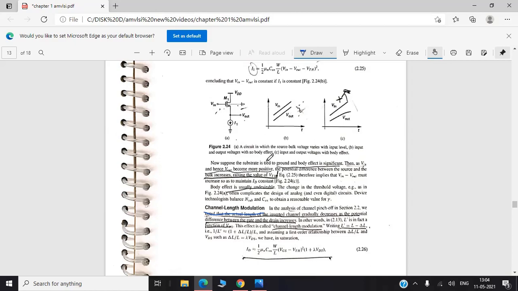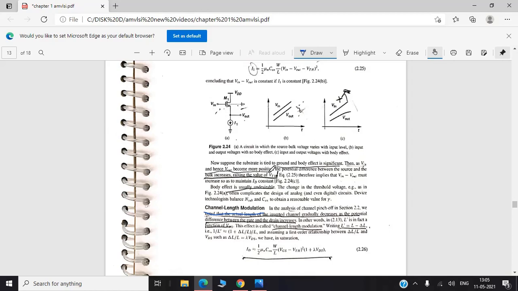Now suppose the substrate is tied to ground and body effect is very significant, then V in and V out become more positive, moving in the positive direction, and the potential difference between the source and the bulk increases, raising the value of VTH. Now when body effect increases, your threshold voltage will also increase. So it will not be 0.7 as in regular, it will be more than 0.7.